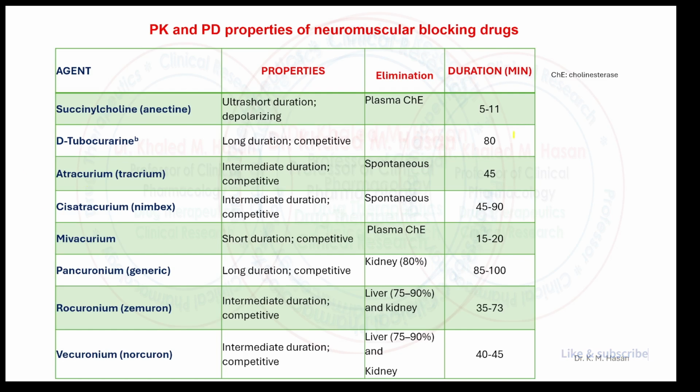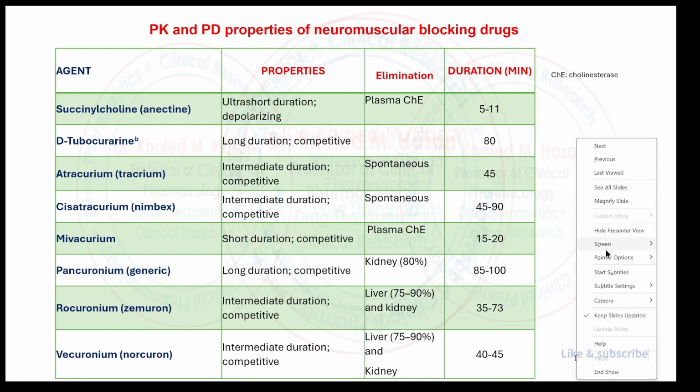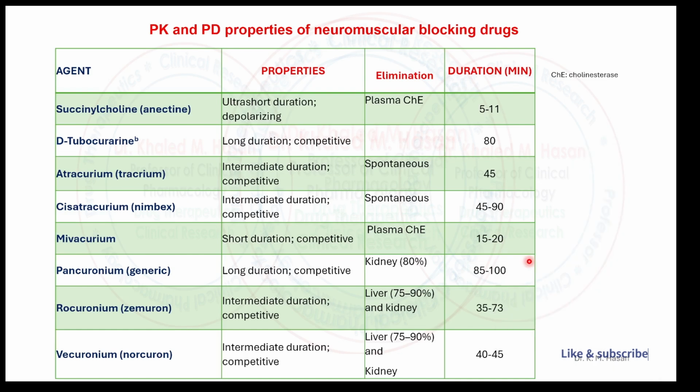Okay, this is an important slide, an important table to discuss and remember. The first thing we need to remember is the duration of action, elimination, and properties of the medication.